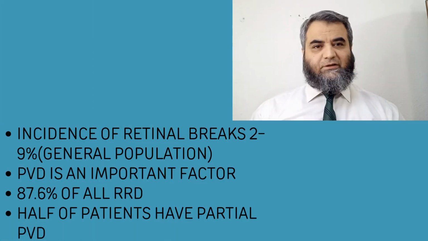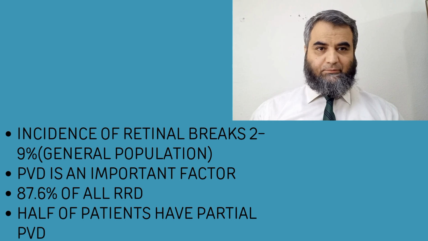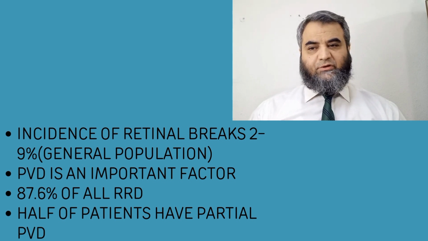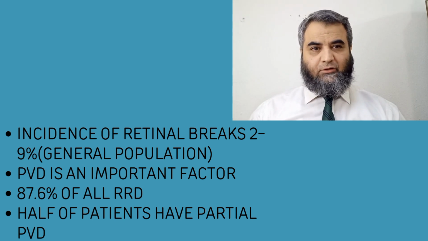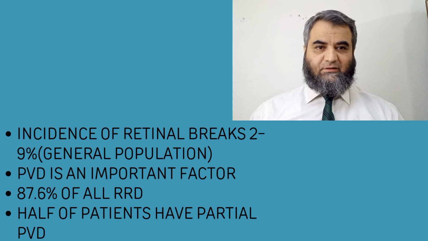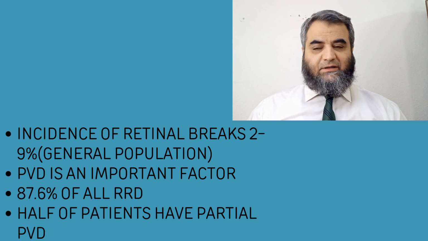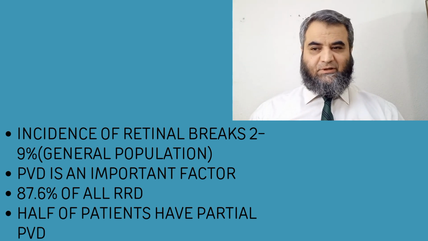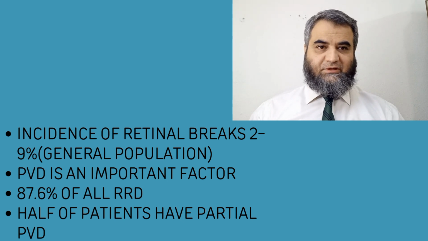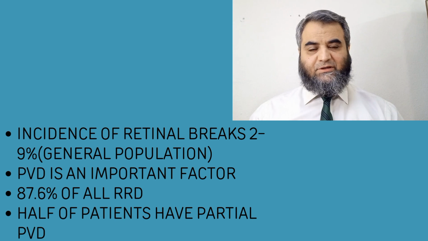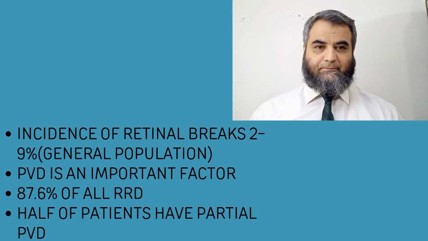The incidence of retinal breaks in the general population is 2 to 9%. Posterior vitreous detachment is an important contributing factor in all these retinal detachments. 87.6% of all rhegmatogenous retinal detachments have posterior vitreous detachments, and out of these, half of patients have partial PVDs.